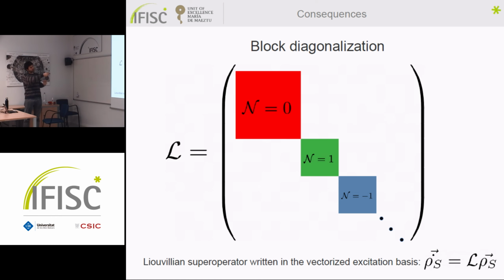What happens is that this matrix here is block diagonalized by the symmetry. So there is a big reduction of the dimension of the problem that we have to solve, basically of a differential equation. To solve a differential equation, we must diagonalize this Liouvillian superoperator. If it's written as small blocks, it's way better than a big block.